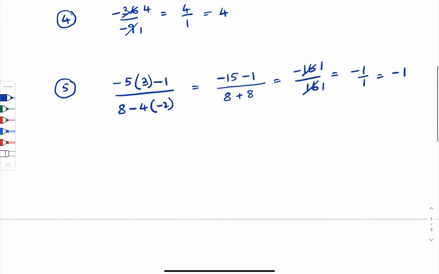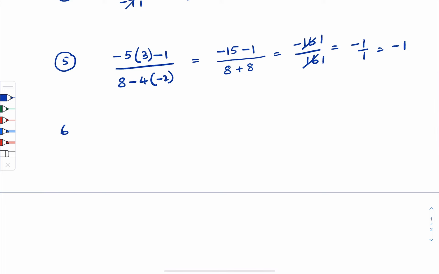Okay, let's do another one. Now this one is going to look a little crazy. So 4 squared times 8 minus 8 times 2, and the whole thing is divided by negative 1.2 squared minus of minus 0.556.